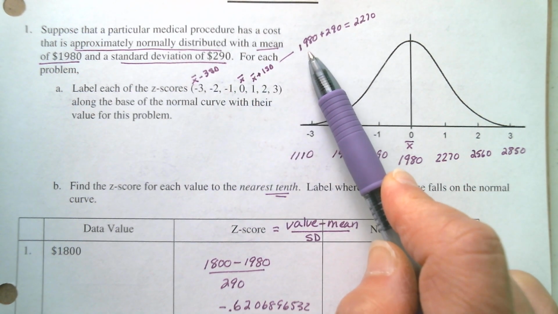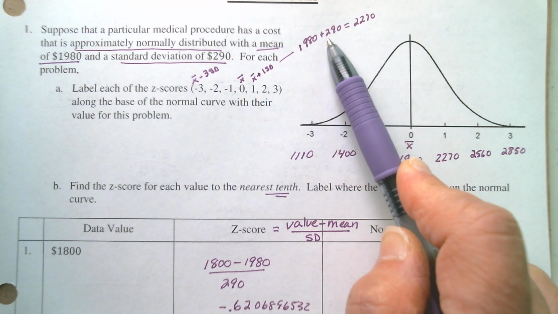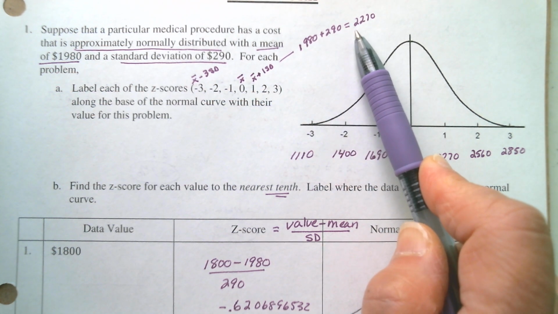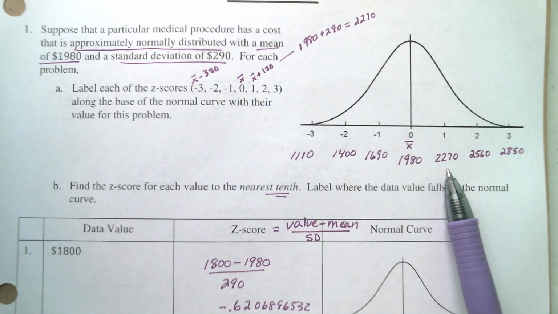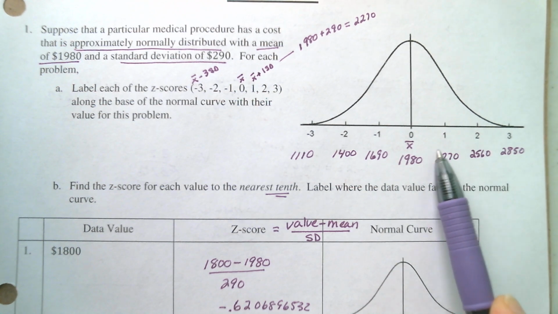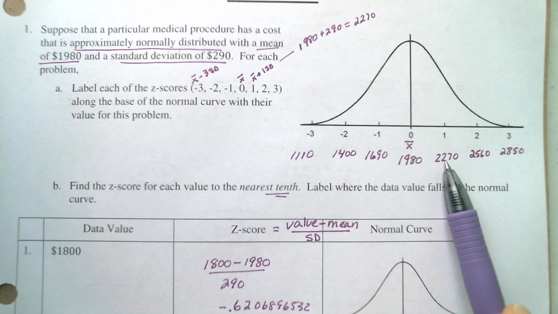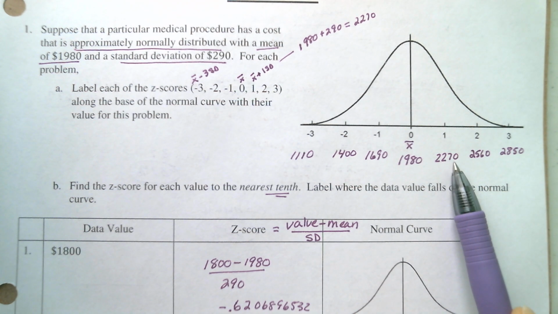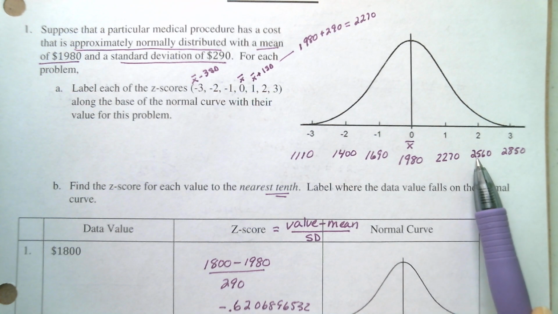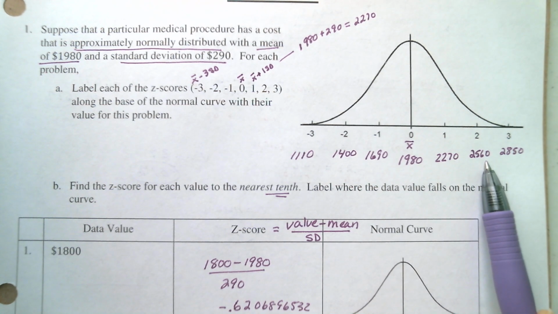So 1,980 plus 290 is 2,270. That would go in line with 1. And then in line with 2, you could just take this value and add another standard deviation to it. 2,270 plus 290 would bring you up to 2,560.